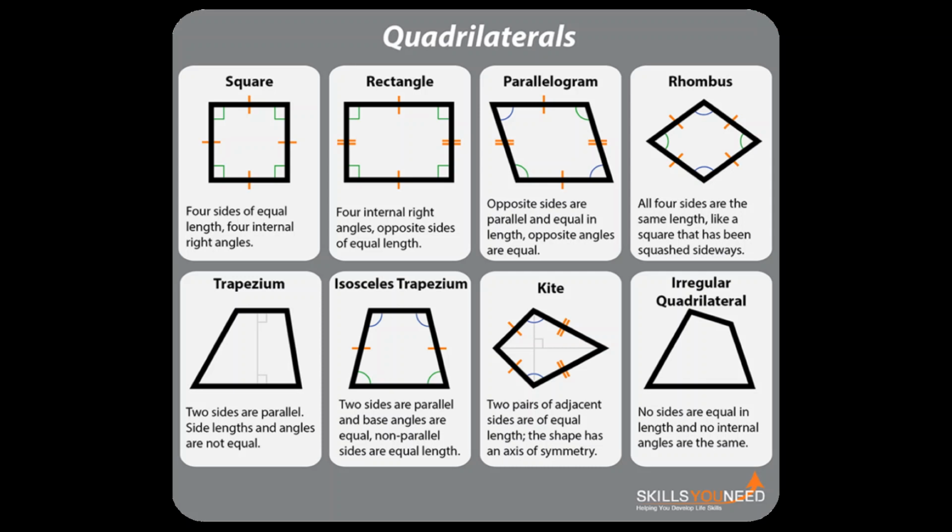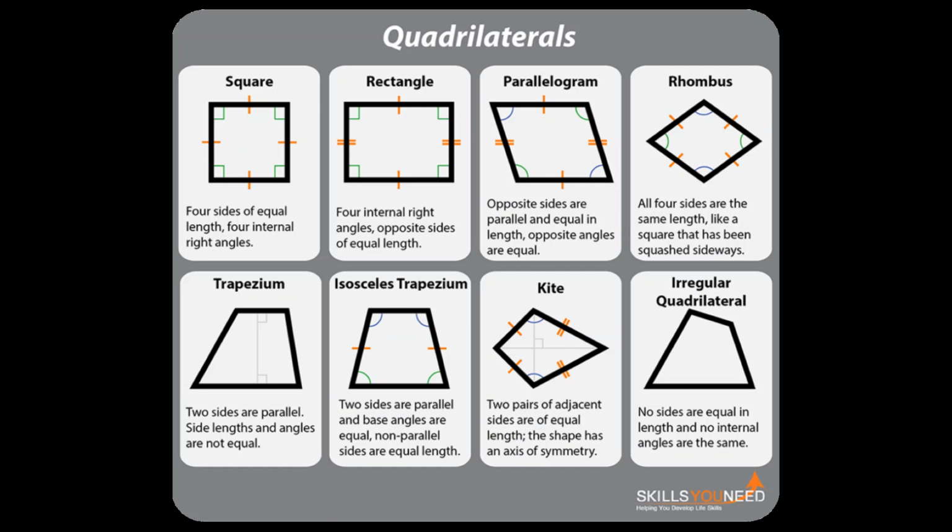So it looks less skew-whiff, it looks more standard. They're the type of trapeziums you might see more often, that kind of shape, wider at the bottom and narrower at the top. But a trapezium can look in many different forms.